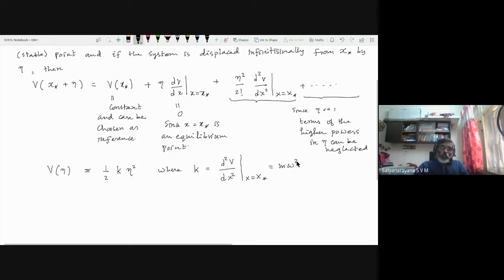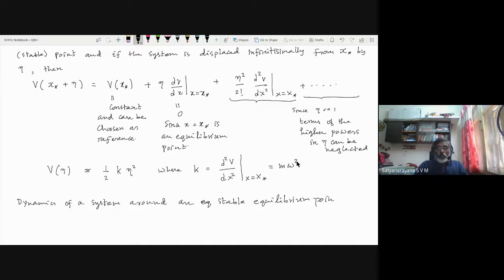So for all dynamics around the equilibrium point, the dynamics of a system around an equilibrium point, specifically a stable equilibrium point, is governed by the harmonic oscillator potential.